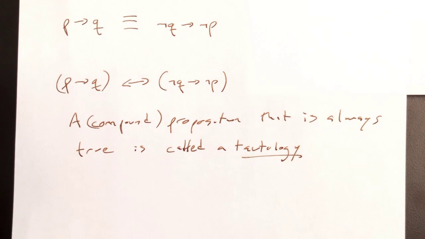A compound proposition that is always true, regardless of the values of P and Q and R and all the variables, is called a tautology. This is the opposite of our contradiction idea.